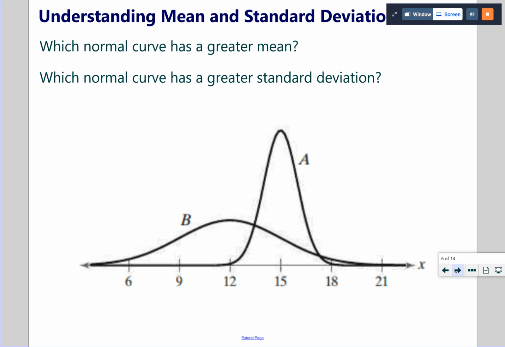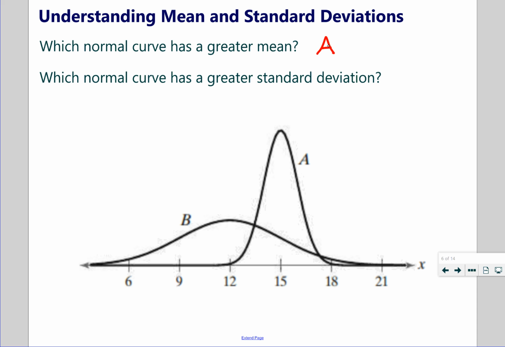Great. Okay, let's look at this picture. Quick question. Can you tell me which normal curve has a greater mean? A or B? Why? How do you know the mean is greater in A? Because it's taller? Why?